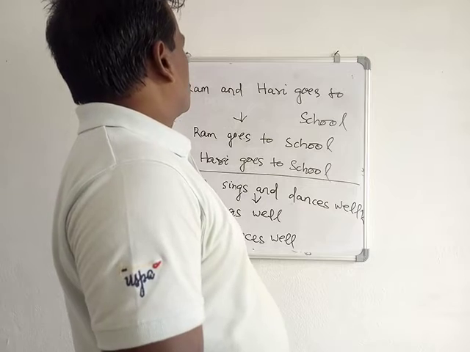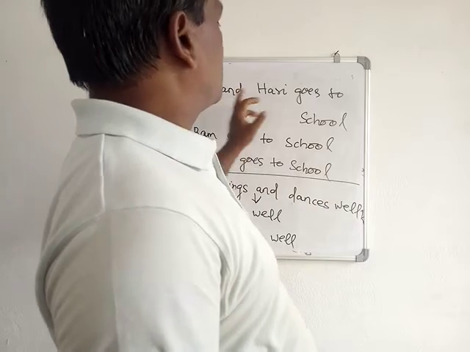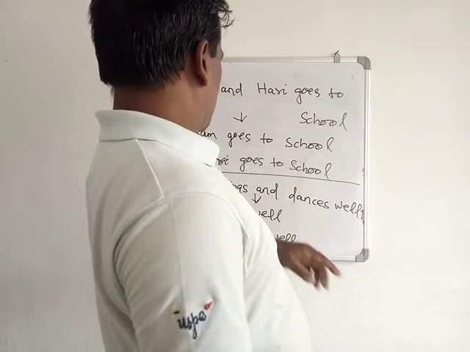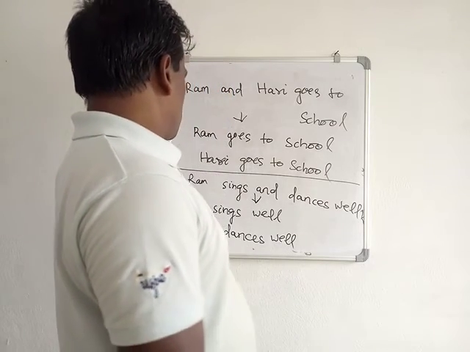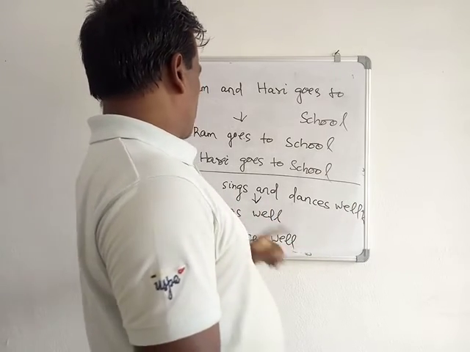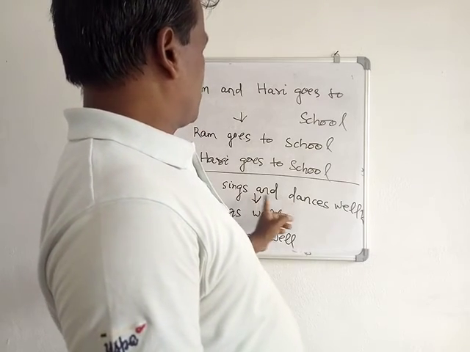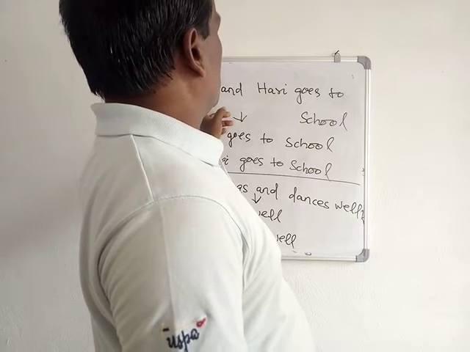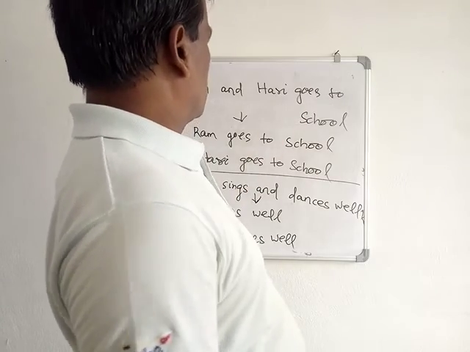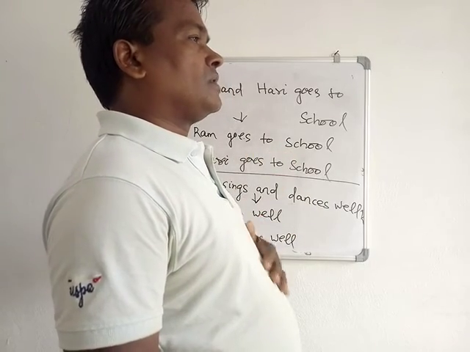So if in an expression there is one subject and two verbs, this is also called a sentence. And similarly, if there are two subjects and one verb, it also proves a sentence and it also satisfies the rules.